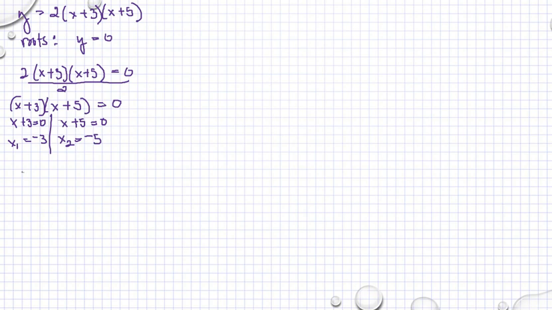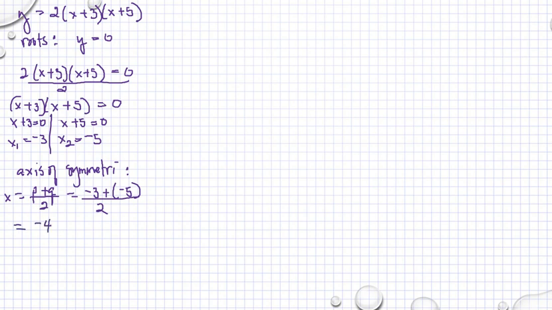Okay, and then the axis of symmetry is always p plus q divided by 2. And we have negative 3 plus negative 5 divided by 2. Then we have negative 8 divided by 2, which is negative 4. So our axis of symmetry is negative 4.